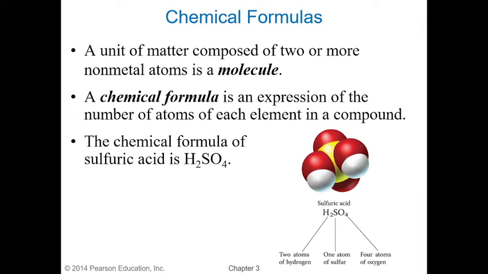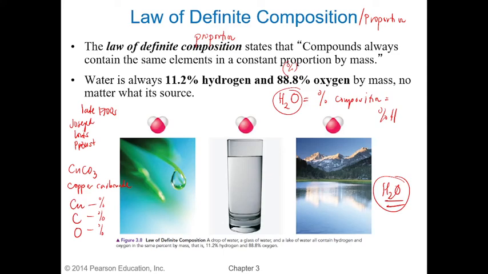So if you really want to know bakit naging 11.2 and 88.8 siya, we can actually compute for the percentage composition of H and then percentage composition of oxygen. But before that, we will start with the molecular mass or molar mass. So ano ba ang atomic mass ng oxygen? That is 16.